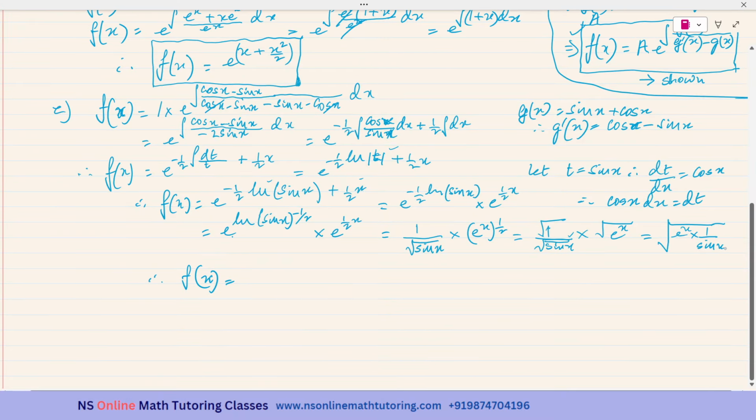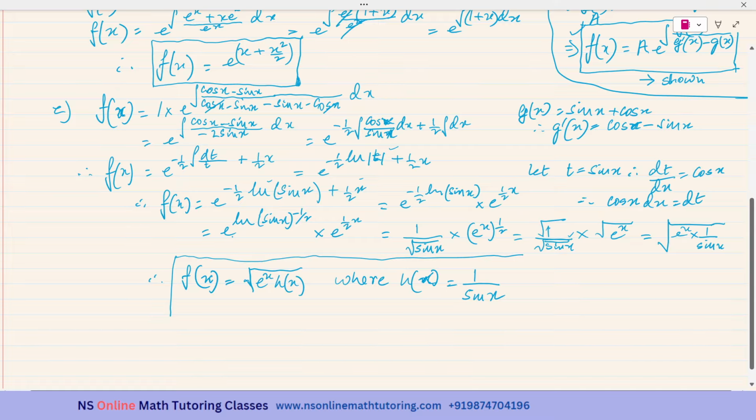So this is equal to square root of e to the power of x times h of x, where h of x is equal to 1 over sin x. So this is the expression for f of x.